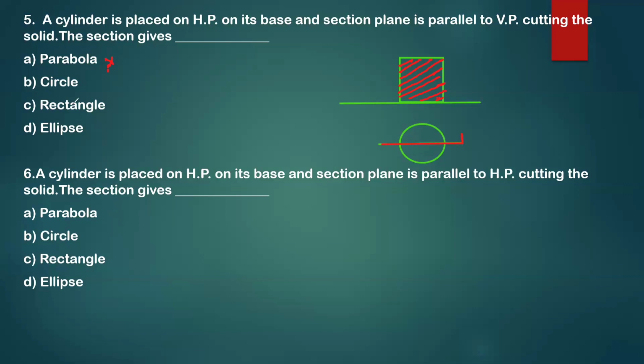But here the section plane is parallel to the VP. That means the section will be a rectangle. So option C will be correct here.